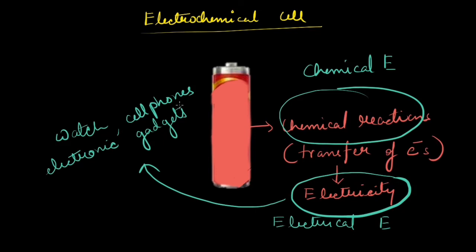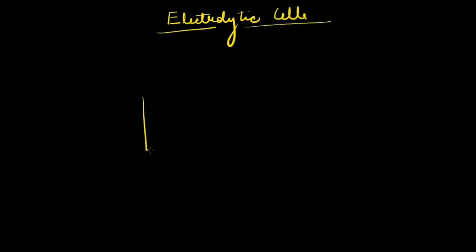Now let's discuss electrolytic cells. As we mentioned earlier, the most common example of an electrolytic cell is electroplating of metals. In electroplating, we take a container and put inside it two metals.